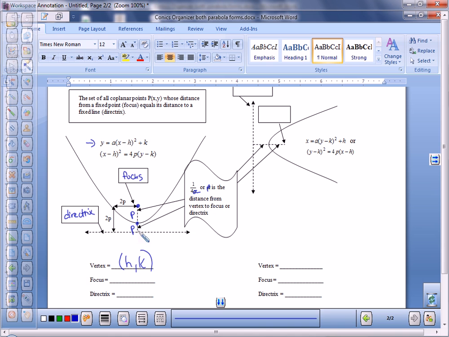Now, if we look at this, the distance from the focus to the directrix is this P and another P. So that is 2P. So if we went out 2P this way, it's equivalent to 2P that way. And that is a new way to graph our parabolas. And we'll take a look at that one in just a moment.